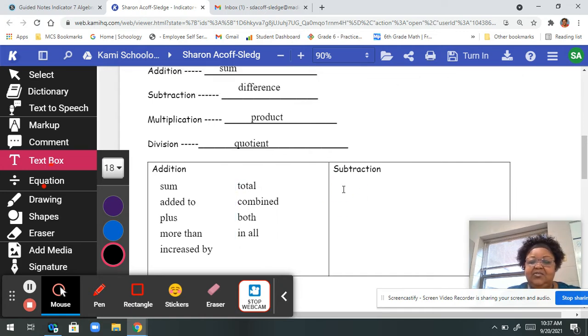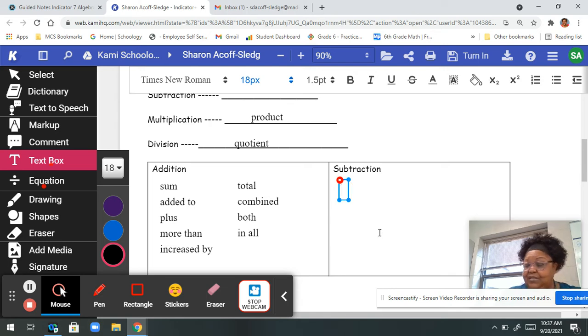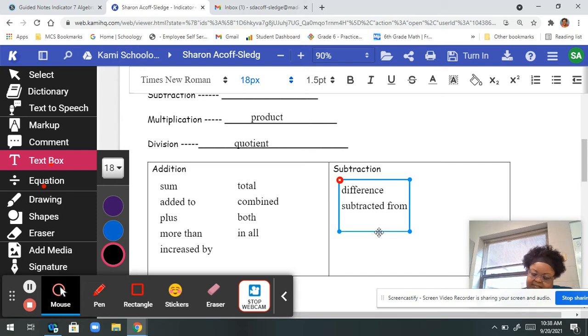Now let's look at subtraction. There are some other terms that we'll see in word phrases that would mean subtraction. So of course we know difference. If we ask for the difference between two numbers, we need to subtract. Subtract from.